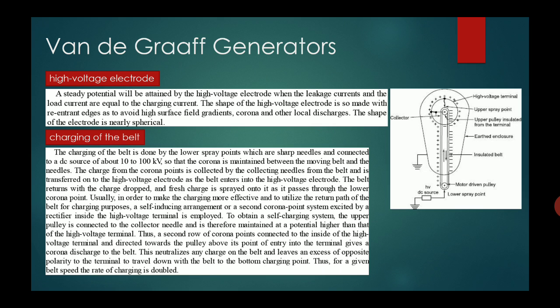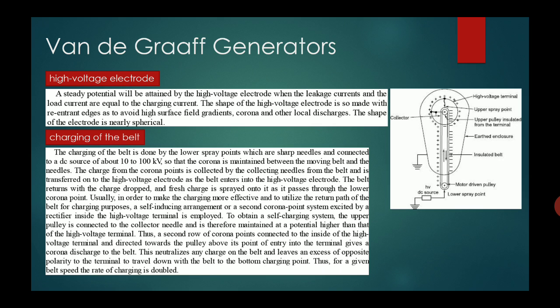Thus a second row of corona points is connected to the inside of the high voltage terminal and directed towards the pulley above its point of entry into the terminal, giving a corona discharge to the belt.